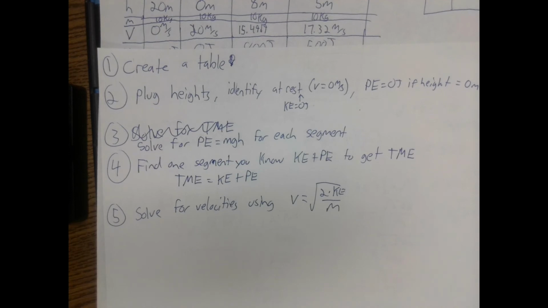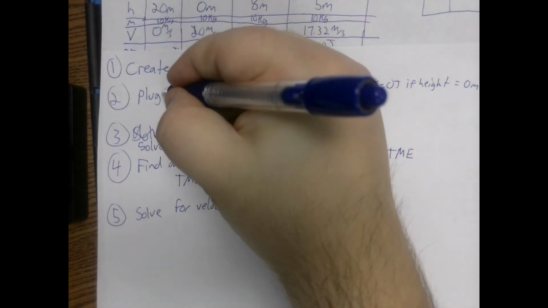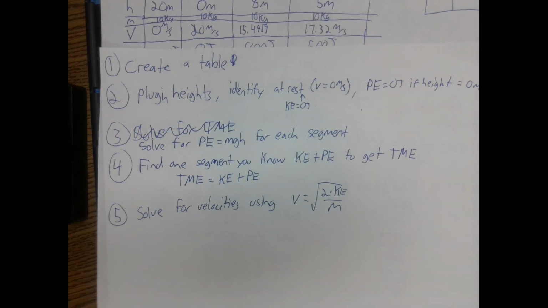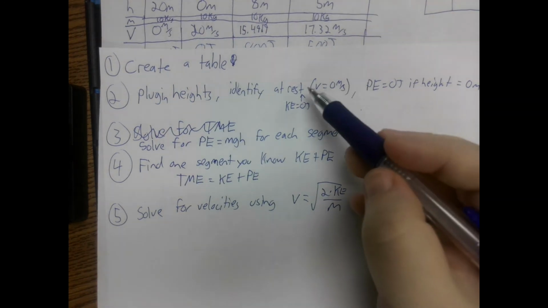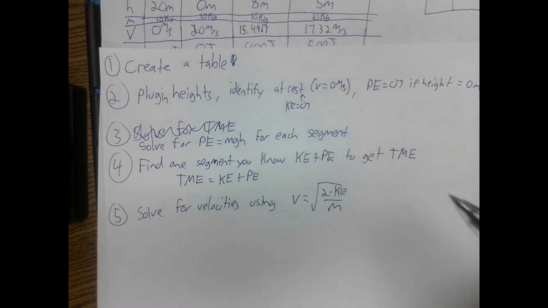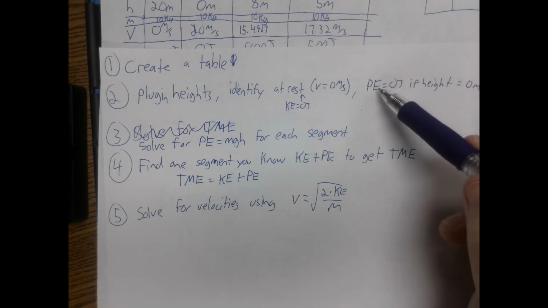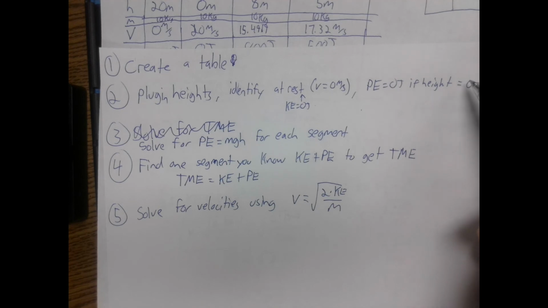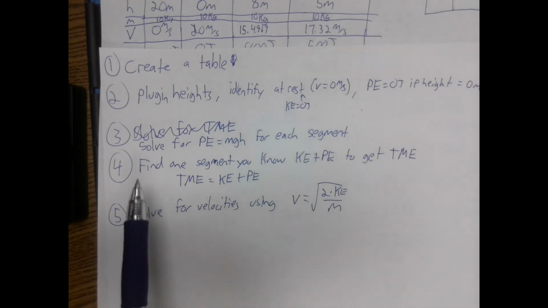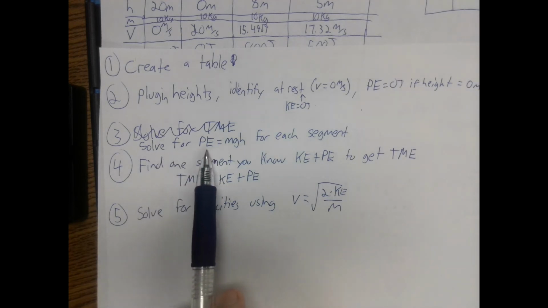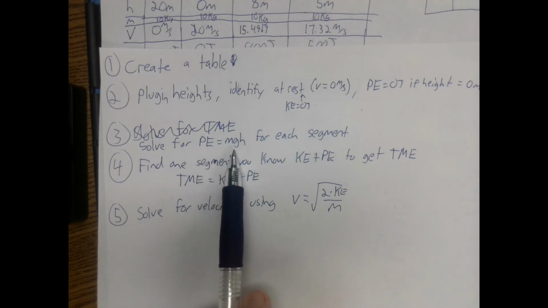Create a table, plug in heights, identify at rest. If it's at rest, KE equals 0. Identify zero heights. So PE equals 0 joules if the height is 0. Then solve for the rest of the potential energies using the equation mgh for each segment.